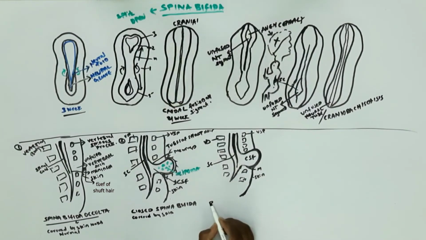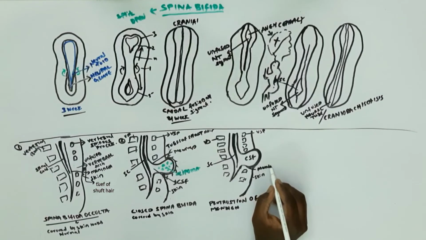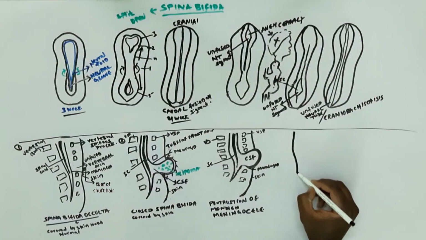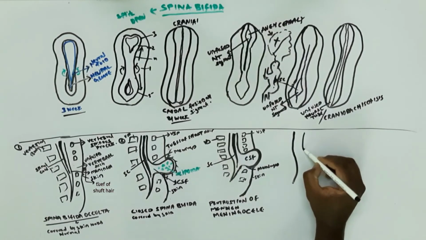All parts are the same as the previous type: the spinal cord inside, the vertebral spinous processes and the vertebral body. The main thing to remember is the protrusion of the CSF through the meninges, covered by the skin.